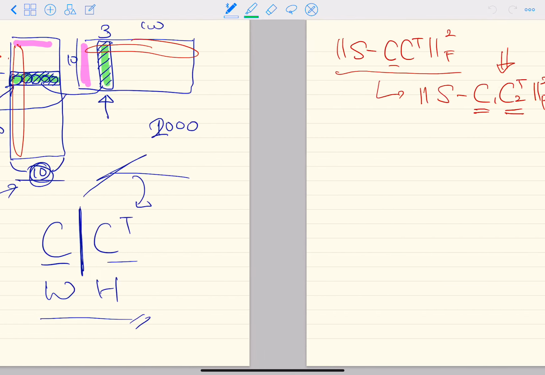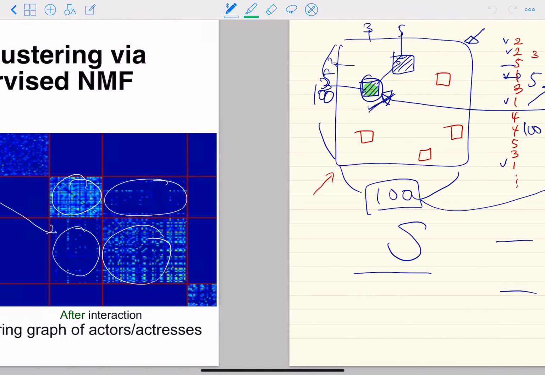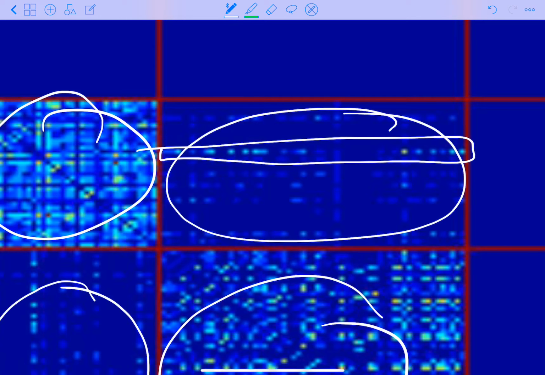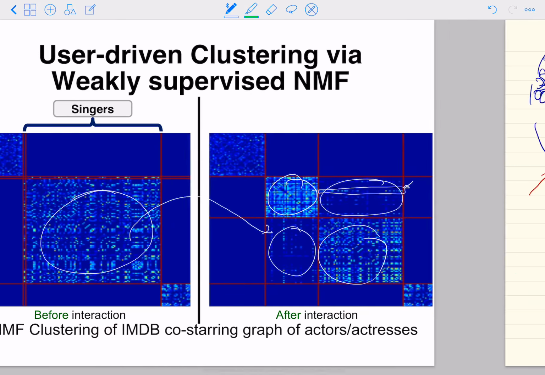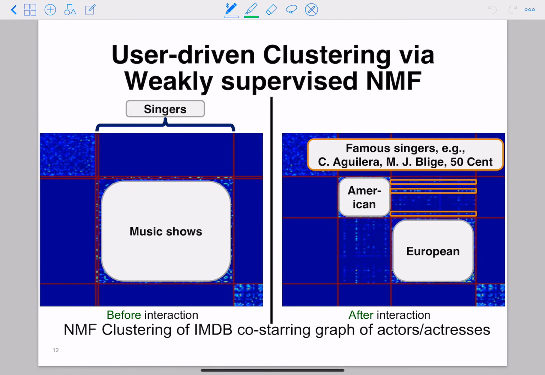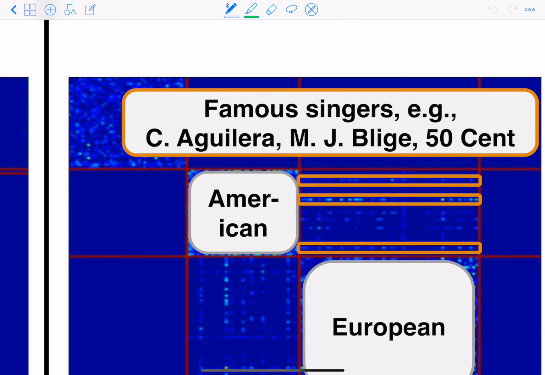We can also see that this guy, the corresponding row and the corresponding singer, has large co-occurrences with the European singers. That's what these large off-diagonal elements mean. So we examined who they are.